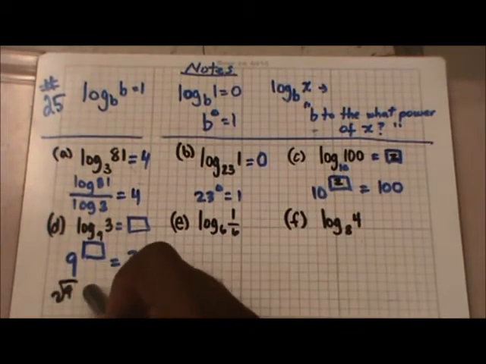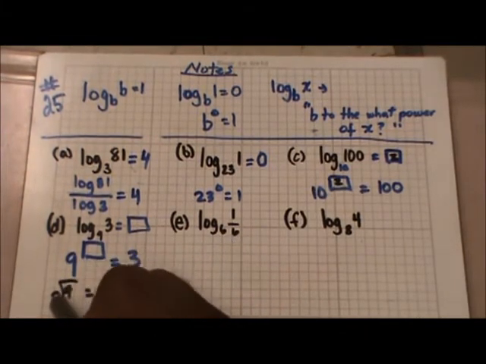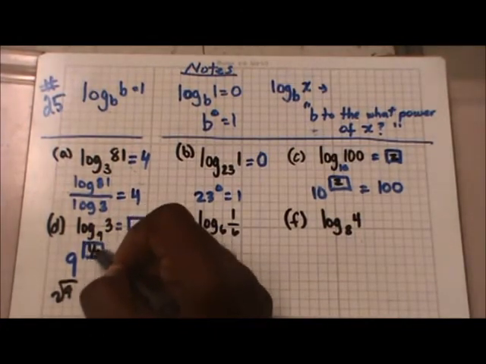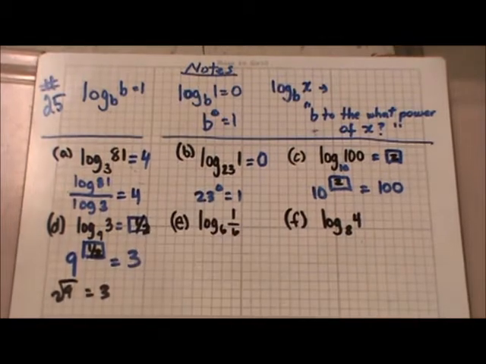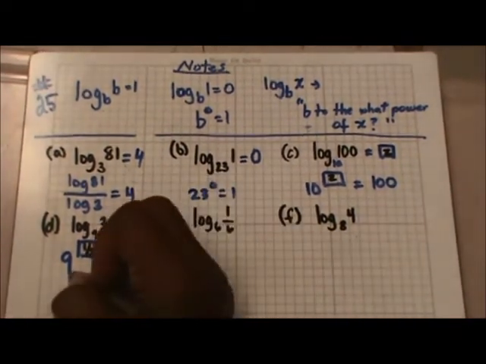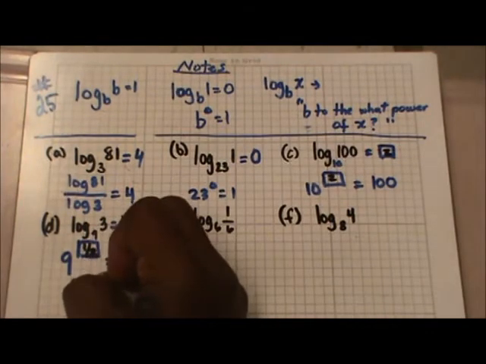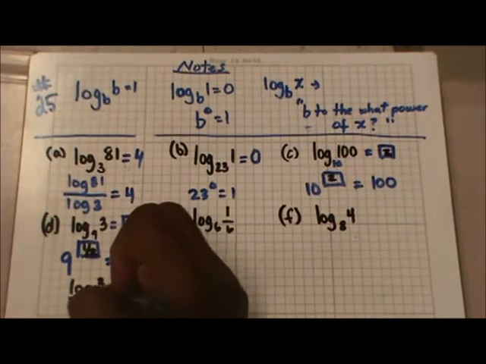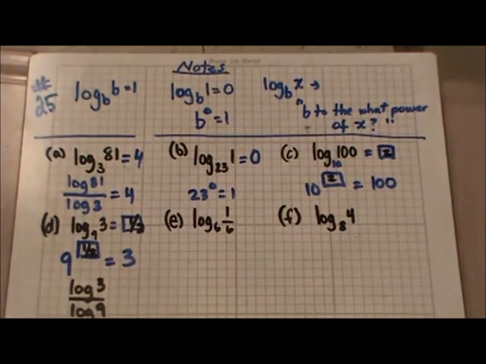The square root of 9 would give you 3. And how do we make square root an exponent? We make it 1/2. So our answer is 1/2 here. If you don't feel comfortable doing it that way, you can go log 3 over log 9. All right, that's that change of base.